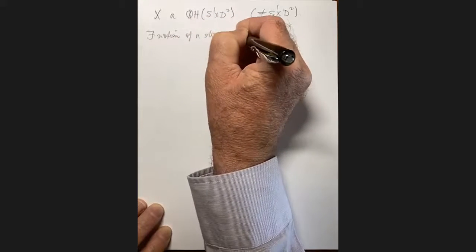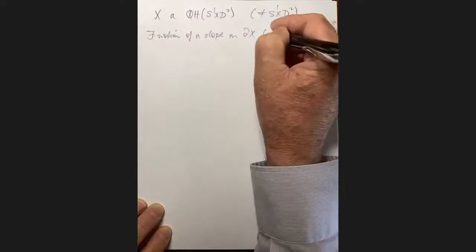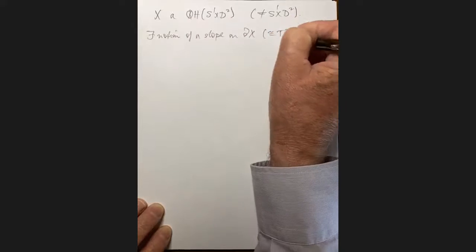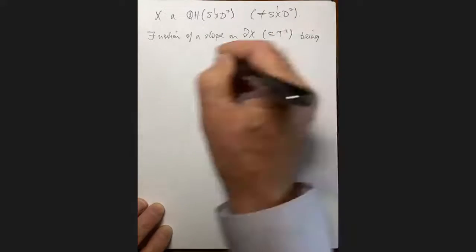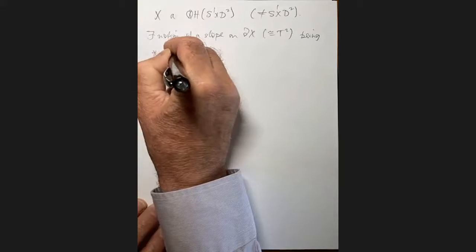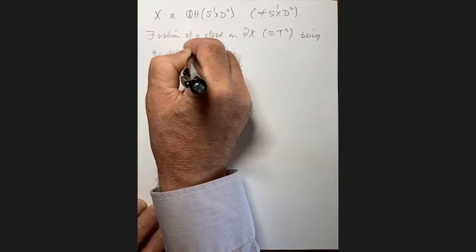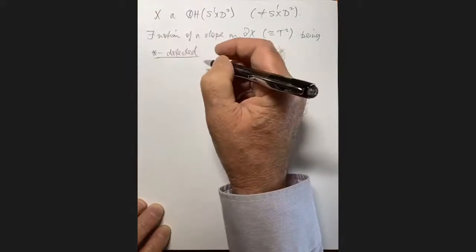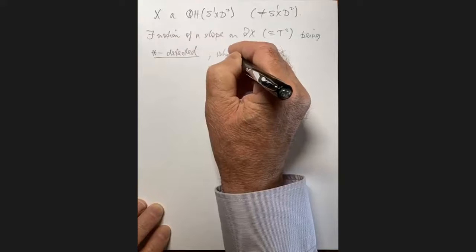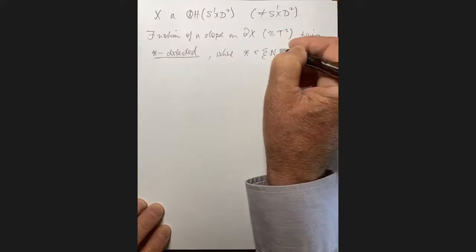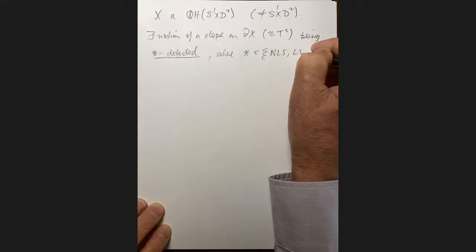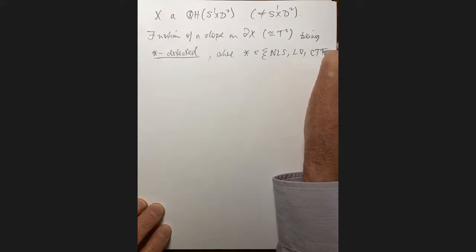on the boundary of X. The boundary of X is just a torus, right? And there's a notion of a slope being star detected, where star is any one of those three properties, NLS, LO, or CTF.